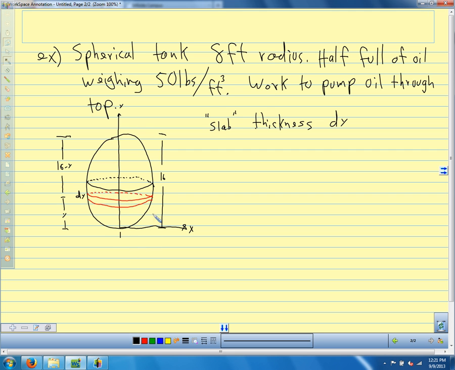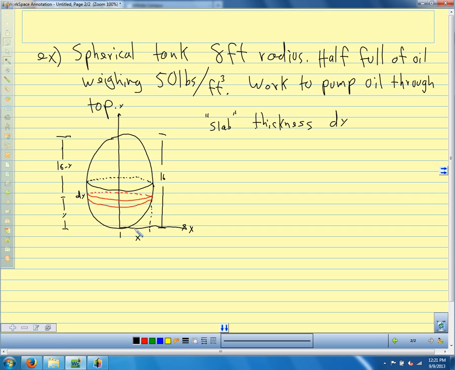So from here out to here is some x value. Our radius varies as we move through the tank. So we're going to have to find an expression for the radius in terms of y. We want to integrate in terms of y, so we have to find an expression for our radius in terms of y.